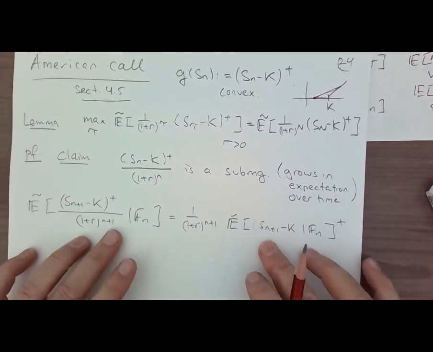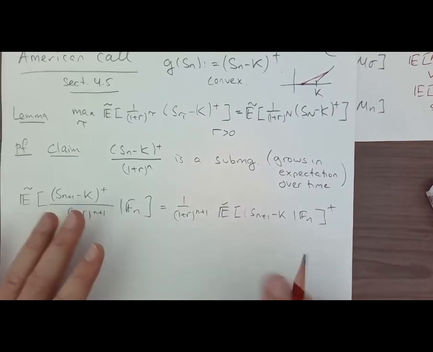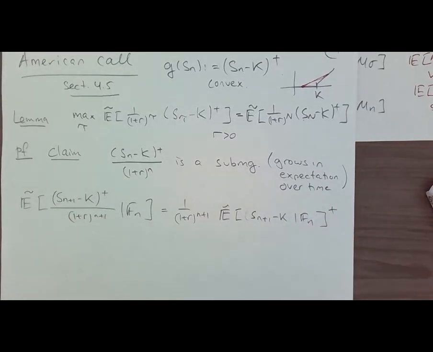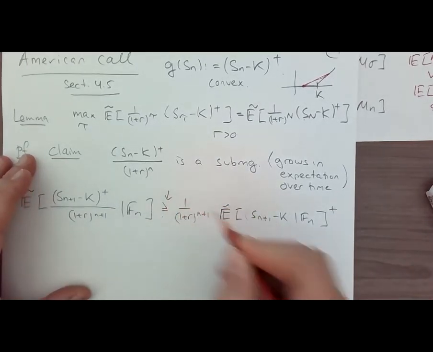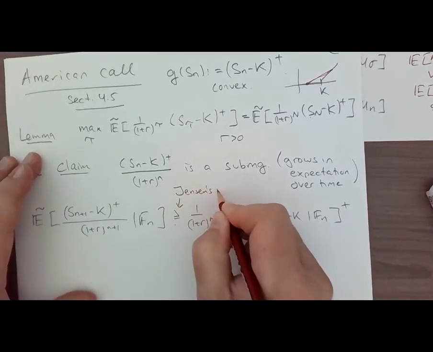What happens? Which one is biggest, this one or that one? The one on the left. The one on the left is biggest. And who says that? This was Jensen's inequality, right?